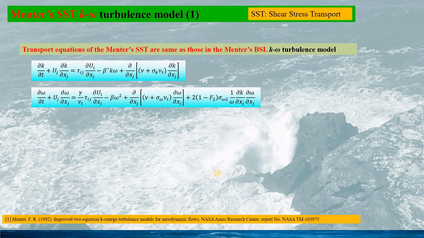Menter furthered its development on the combined turbulence model, named the SST model, short for shear stress transport model. The transport equations for the SST turbulence model are exactly the same as those in the baseline model, but with slightly different closure coefficients.